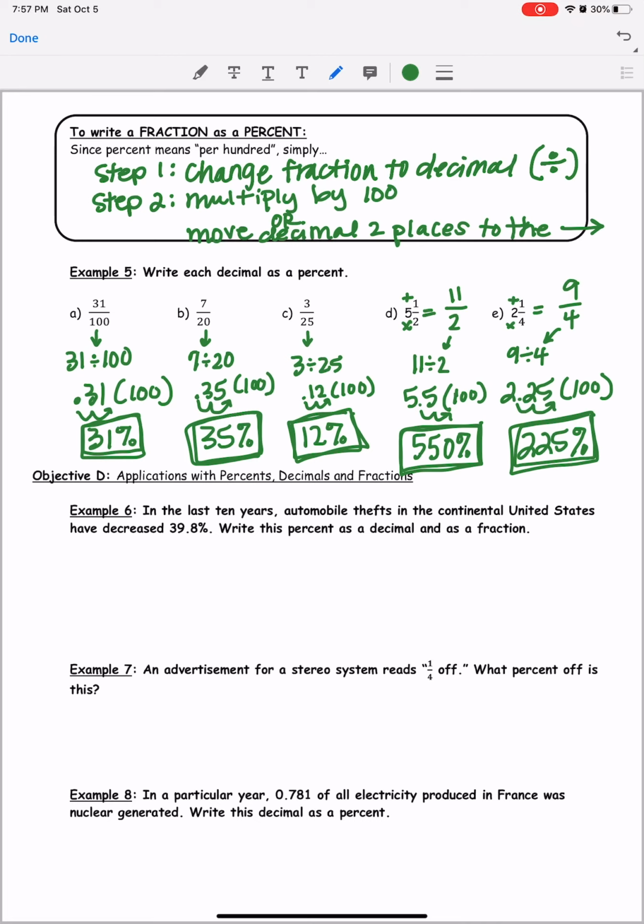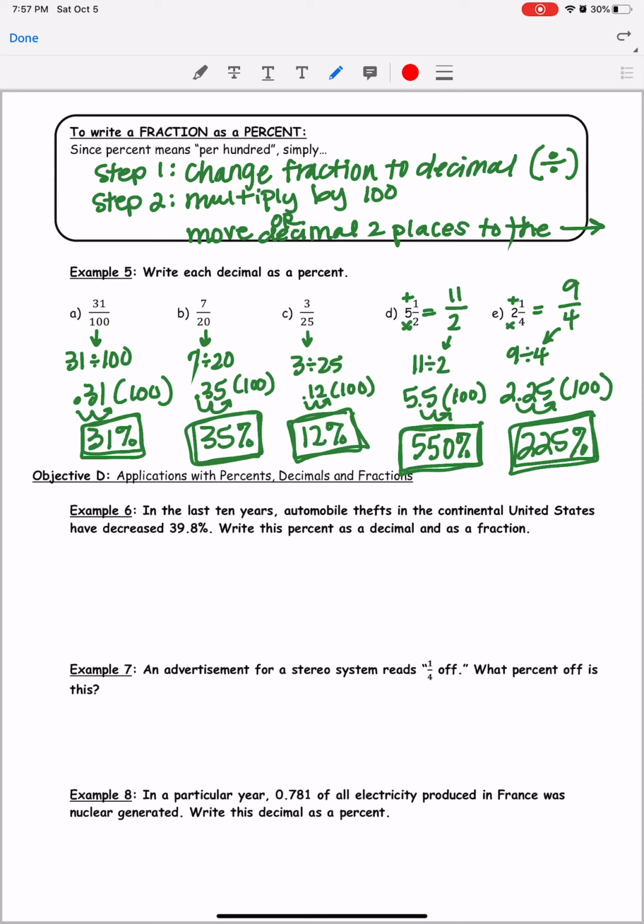All right, now we got some application problems. So, example 6 says, in the last 10 years, automobile thefts in the continental U.S. has decreased 39.8%. Write this percent as a decimal and as a fraction.